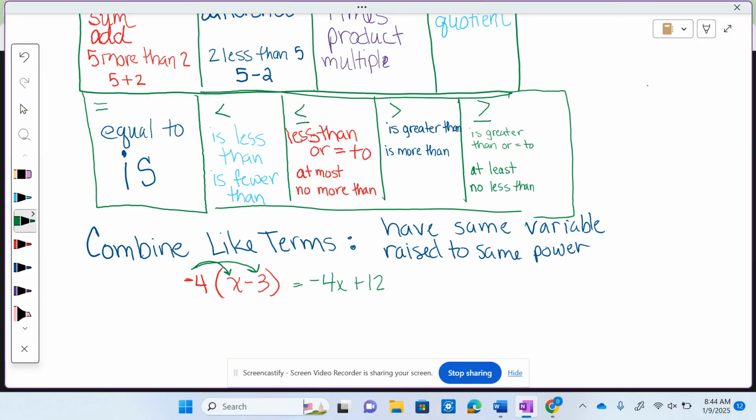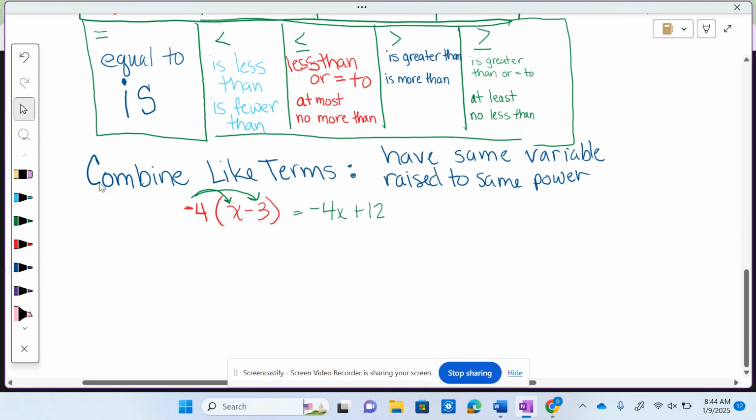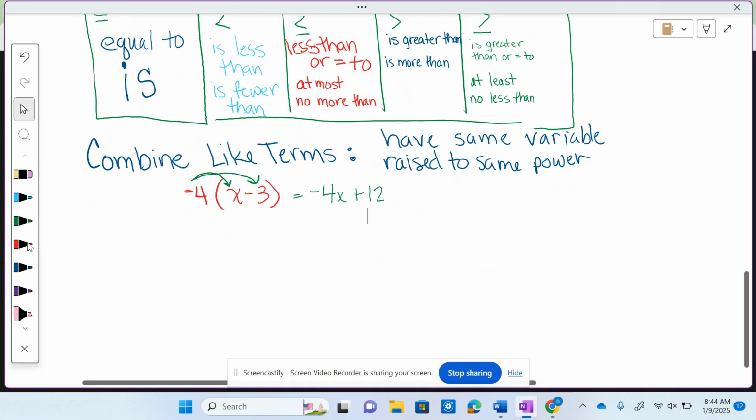Simplifying multi-step equations and multi-step inequalities. I don't think that you need anything in there except there's a special rule about inequalities. What is the inequality rule? We solve equations and inequalities exactly the same, except for one thing.